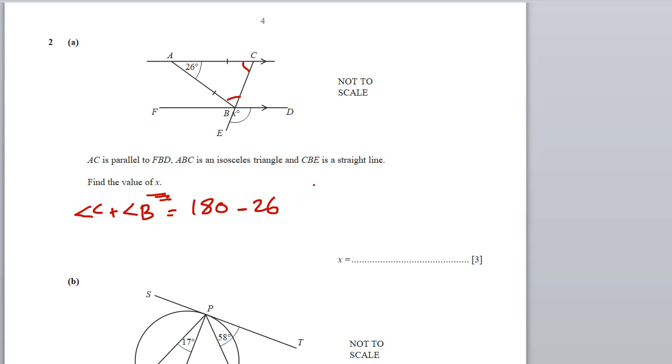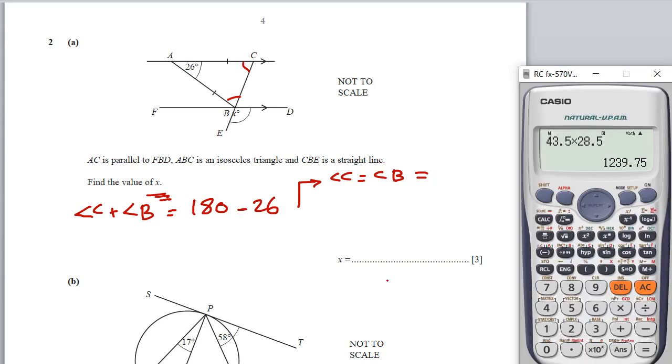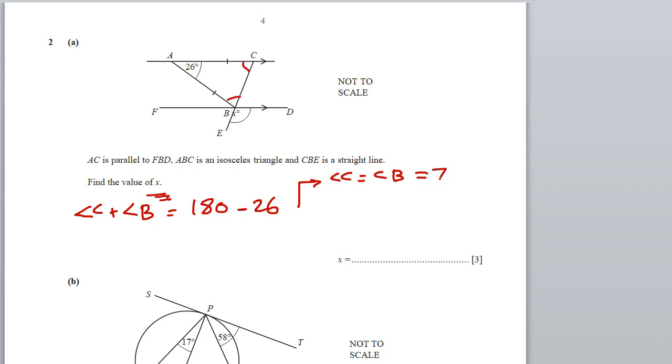Both angles are equal, so we have 180 minus 26 divided by 2. So both angles are equal to 77. So this angle is 77 and this one is 77.